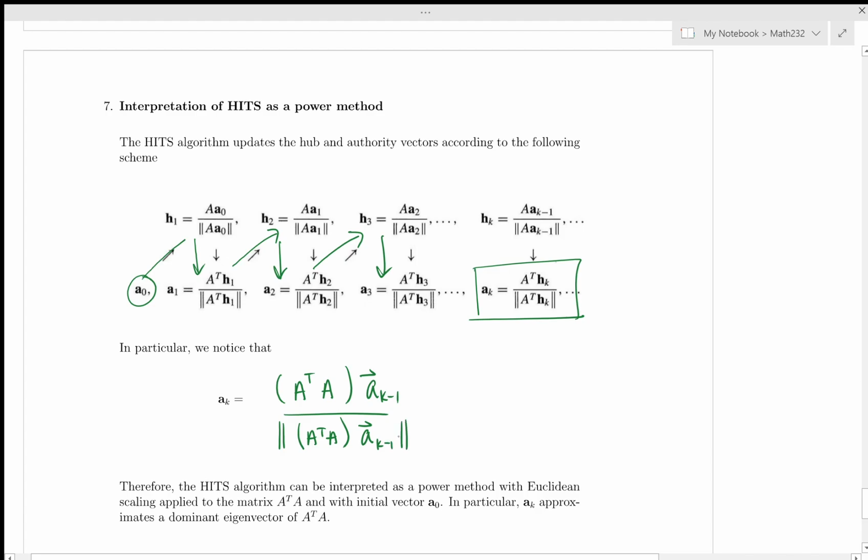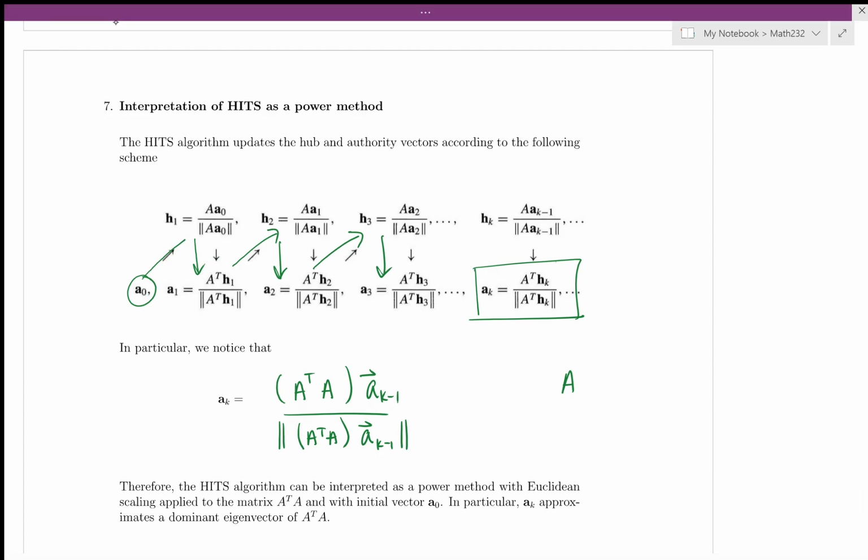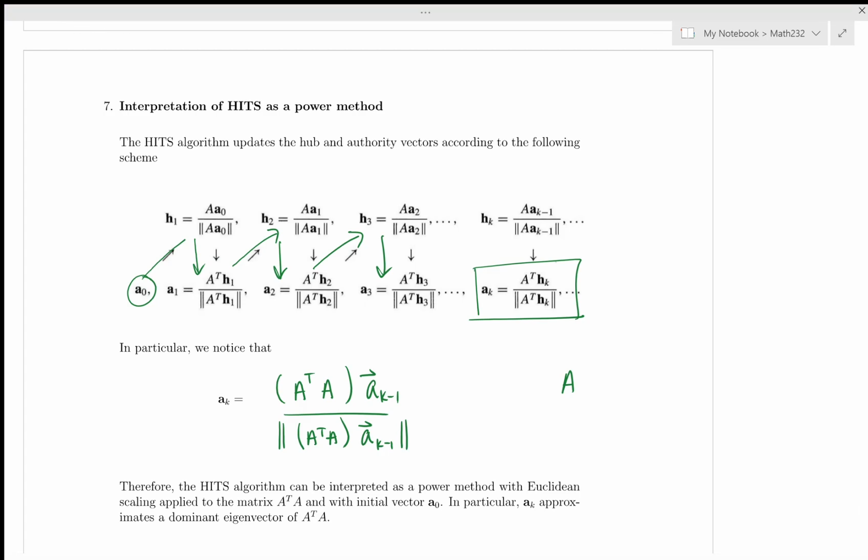Okay, now what is really nice about this is we're using a power method, and the matrix that we're using, as a result of this back and forth procedure, is A transpose A, and A transpose A is symmetric.